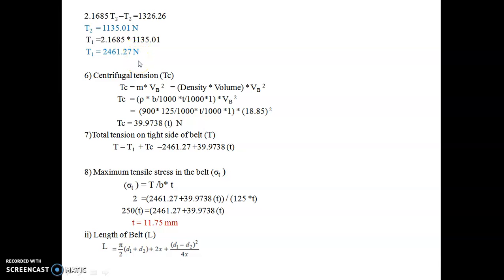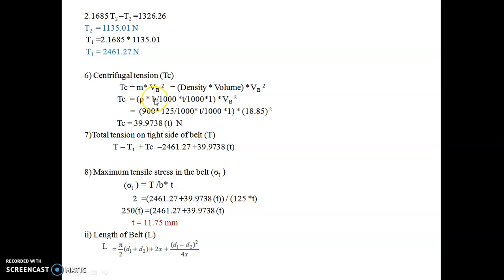Now we'll calculate the centrifugal tension Tc. Tc is equal to m into Vb square, mass into velocity. Mass is nothing but mass density into volume into velocity square. Density is equal to rho and volume is B into T into L1. So rho into B upon 1000 into T upon 1000 into 1 into Vb square.